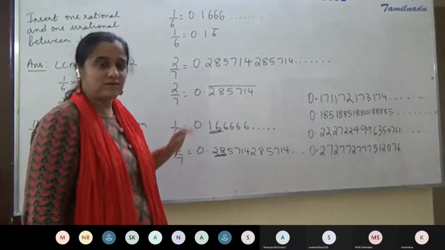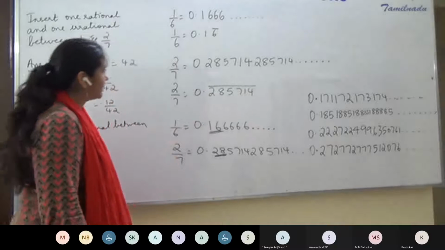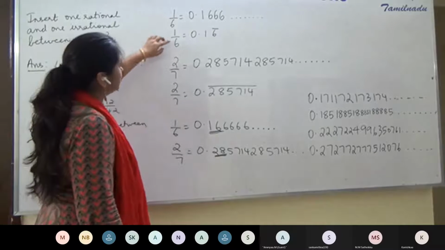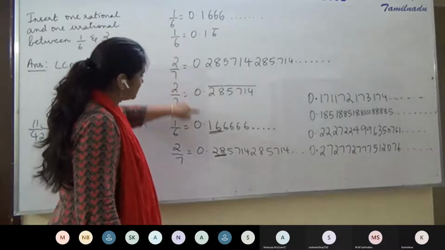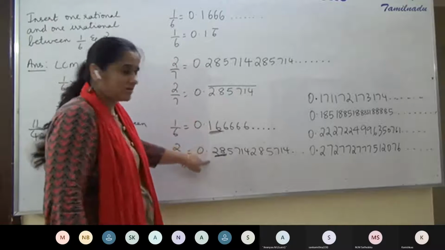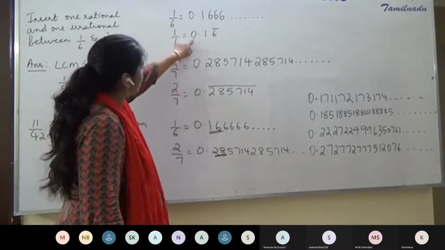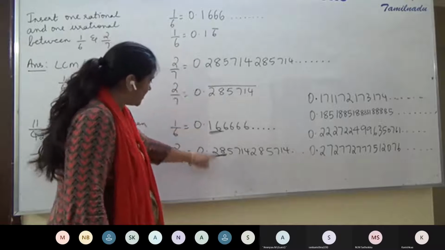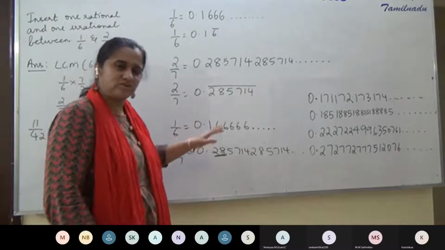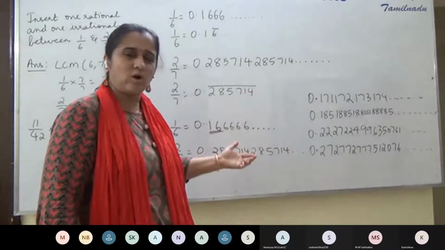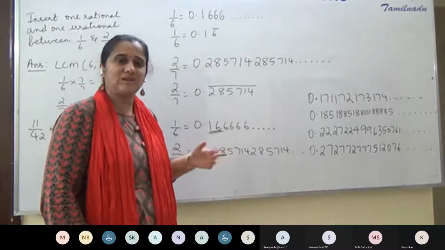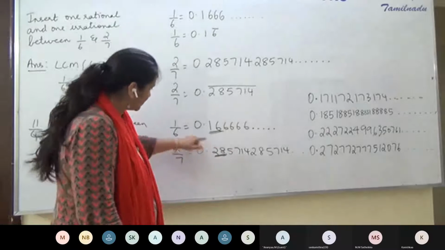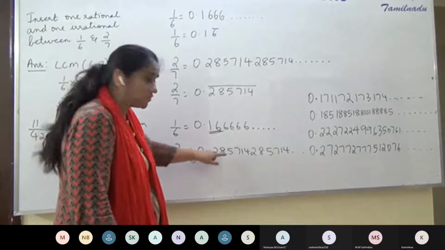0.285714 repeating. Now you have to insert one irrational number between this and this. So understand these decimal expansions better by writing them out like this. It's not always this way, because with different numbers the way you have to understand them will be different. In this case, it is 0.16 and 0.28.